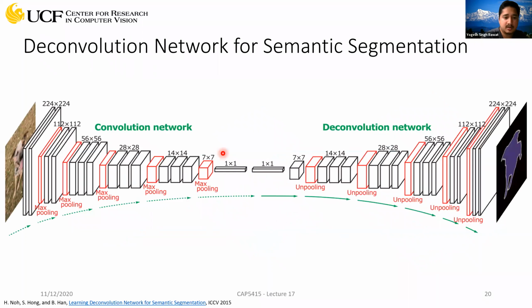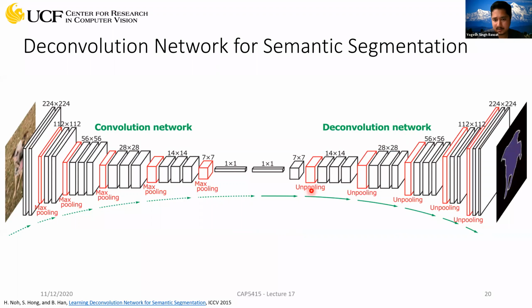Okay. Now let's look at one of the semantic segmentation networks. This is called semantic segmentation using deconvolution. The idea here is you have the input image, you have the convolution network as encoder, and then you have a decoder which is making use of the deconvolution operation.